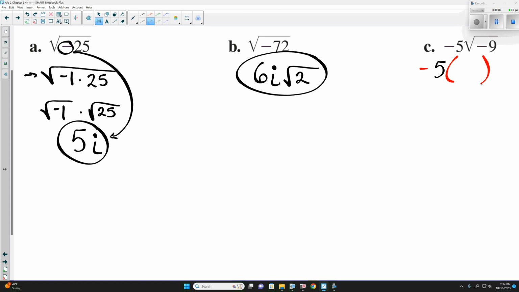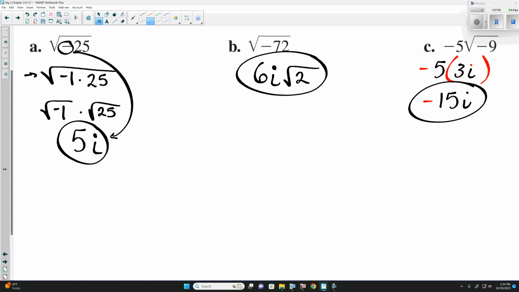Yes, you'll need one of these. So if we did this by hand, the square root of negative 9 would simplify to 3i, and negative 5 times 3i is negative 15i, just like the calculator told us.